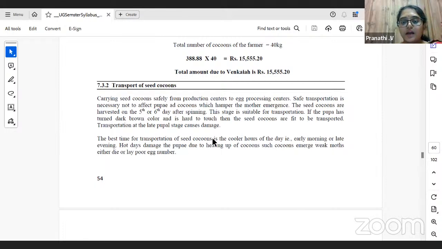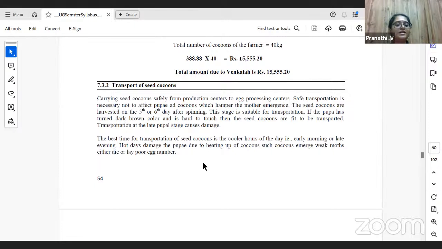We need to see that they are safely transported, and that during the transport the cocoons and the pupae are not affected in any manner, because if the heat gets increased, the moth emergence is going to be affected. The seed cocoons are harvested on the 5th or 6th day after spinning, and this is the time most suitable for transportation.